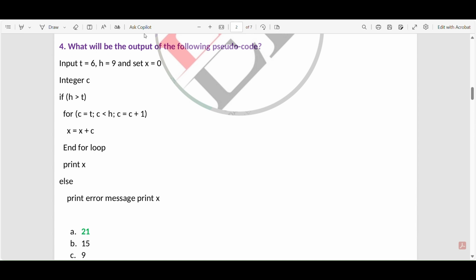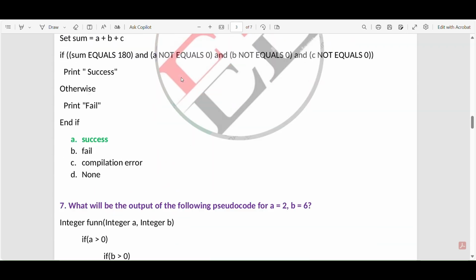See, after this, because this is a part of pseudocode, we'll be having some subjective, means descriptive questions too. That means you'll be having the theoretical questions. Okay. So about them also I'll be doing another video, because in this video we are not going to cover everything.